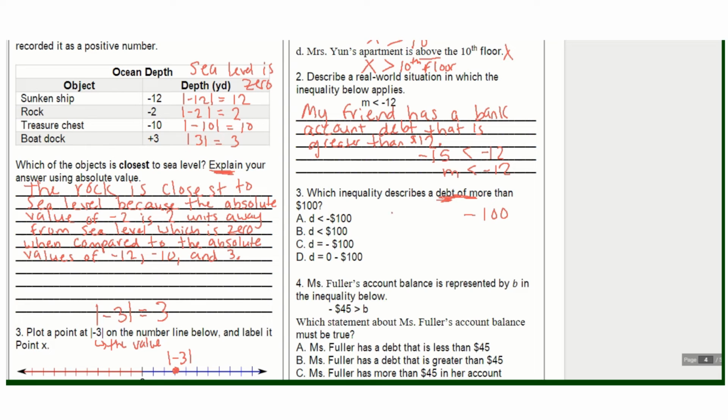So let's say -200, -400, -150. So all of these values represent a debt that's more than a debt of $100. So the value D must be lower than -100, which is going to be A.